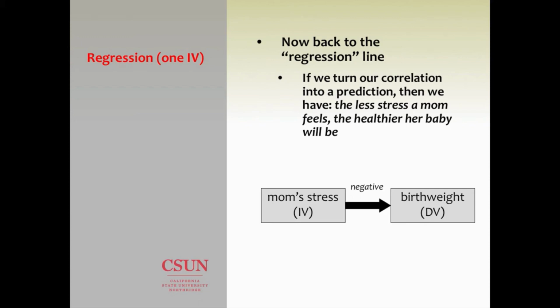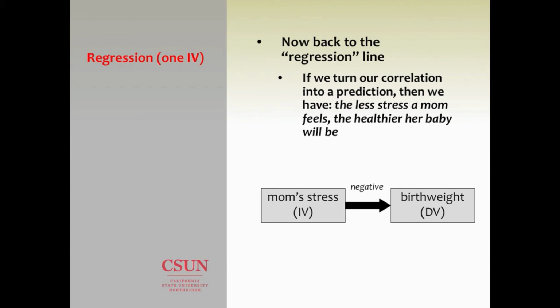So if we turn it around like that, we're not saying now that birth weight could cause mom's stress. And the way we could do that here is just by saying, well, mom's stress occurred, let's say, in the past during pregnancy, and then the baby's health occurred when the baby was born or was assessed when the baby was born. So that way, we can't imagine the health of the baby when it's born, then in turn causing mom to feel anxiety in the past, right?